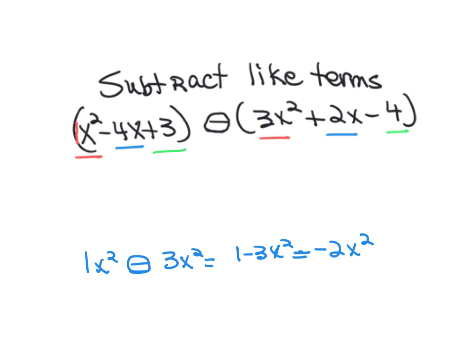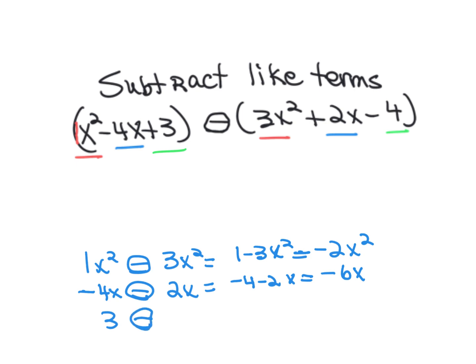On the blue underlined terms, I have negative 4x, and it is minus positive 2x. On Desmos, I'm going to type in negative 4 minus 2 and bring down my like term, which is x, and that's negative 6x.